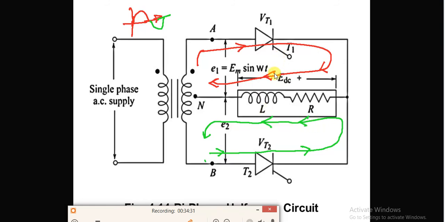You look at the arrows, both the arrows are pointing in the same direction, and hence we will get the output for both positive half cycles as well as negative half cycles. This is for the positive half cycle and this is for the negative half cycle, because the direction of current flow is the same. Direction of current flow through the inductive load in the positive half cycle as well as in the negative half cycle is the same.